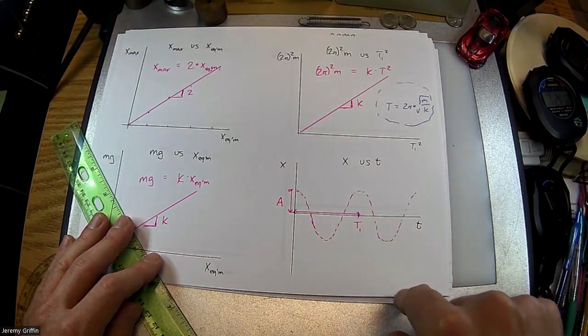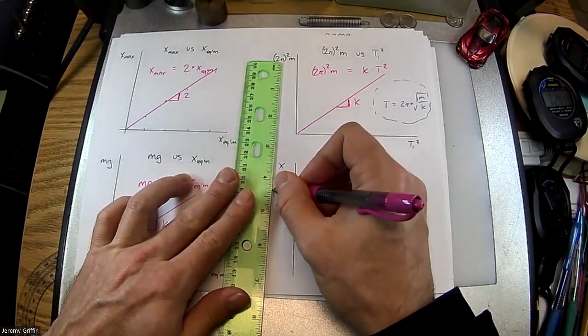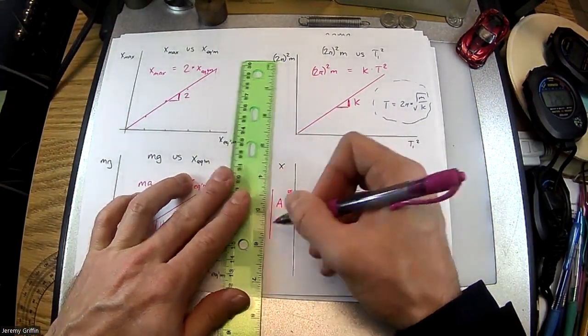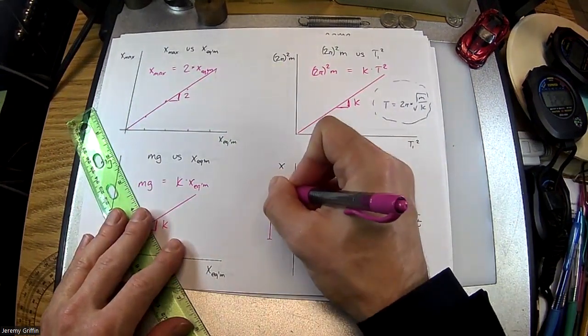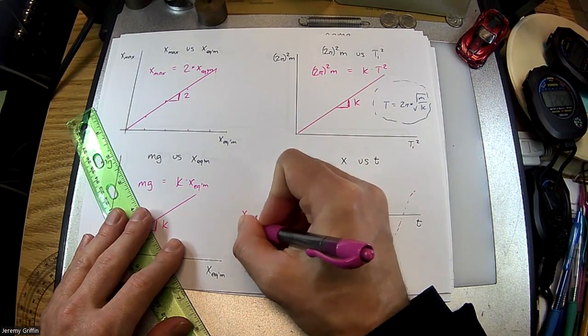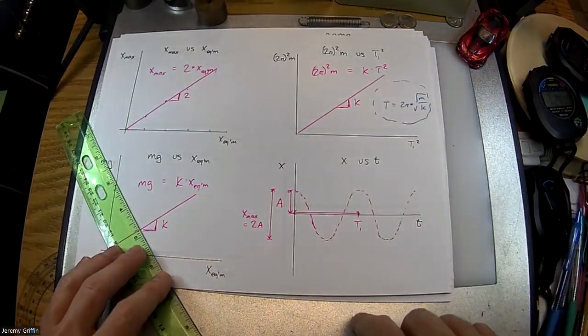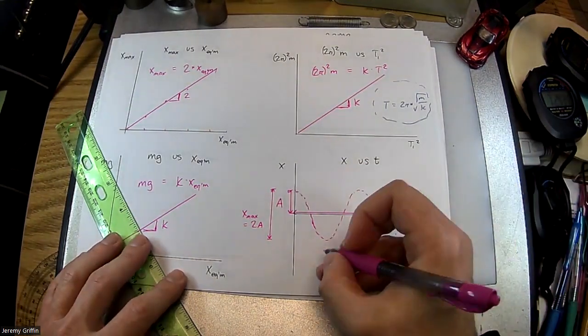And then what else do we have in here? How about x max? Depending on how you set it up, x max is probably twice the amplitude. I'll say x max equals 2A, like if you dropped it and so on. That might be the case. And what could an equation for this be?